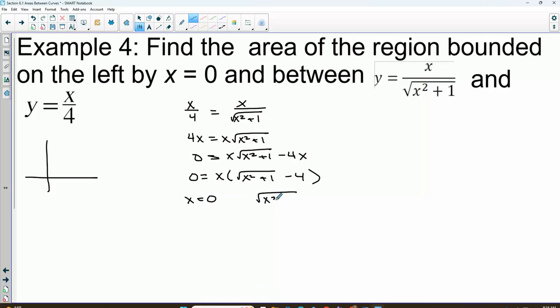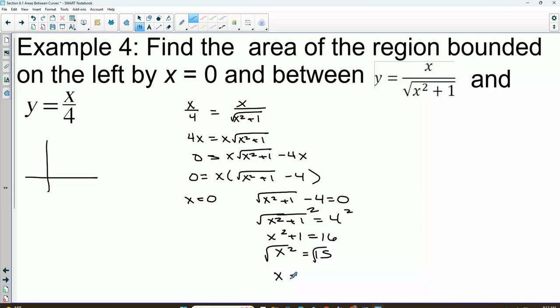Square root of x squared plus 1 minus 4 equals 0. So if I bring over my 4, now I can square it. Square root tells me plus and minus, so I get plus and minus radical 15.